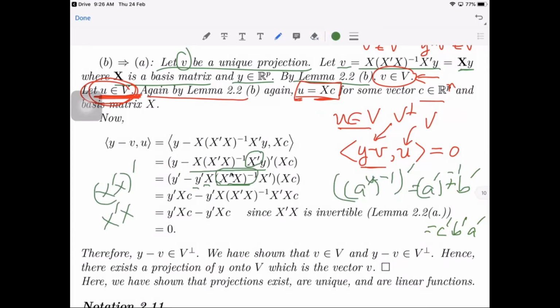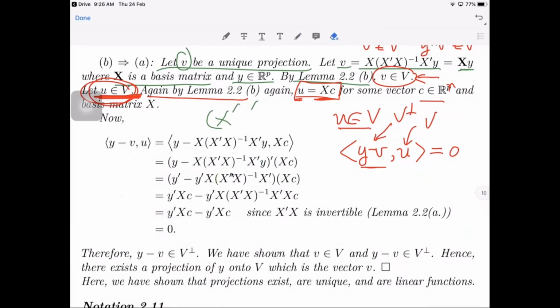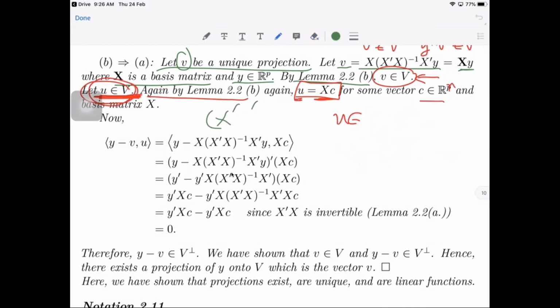Correct? Because X prime prime is just X. So X prime X ra gyapon siya. So X prime is just X prime X. And then this one is X prime. So nakuha ba to?